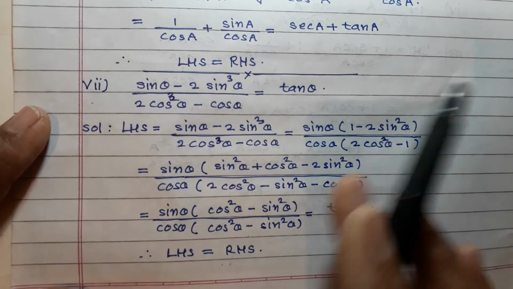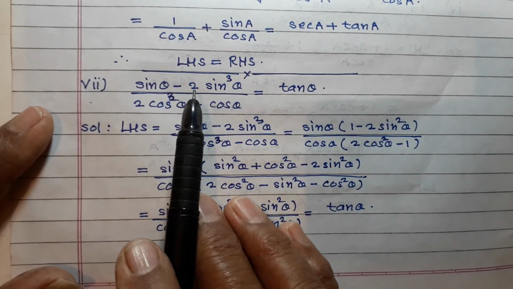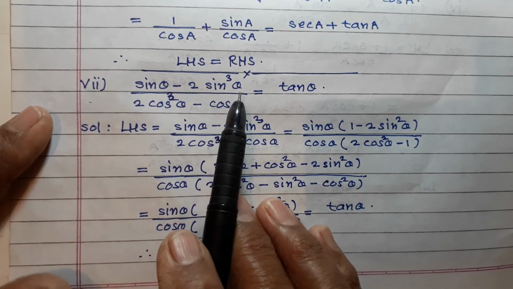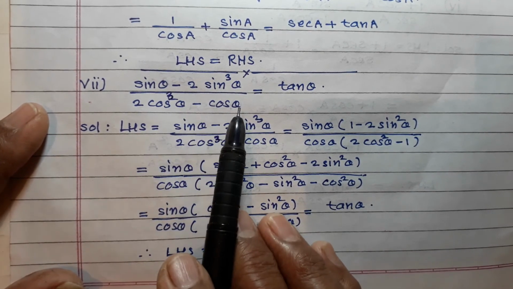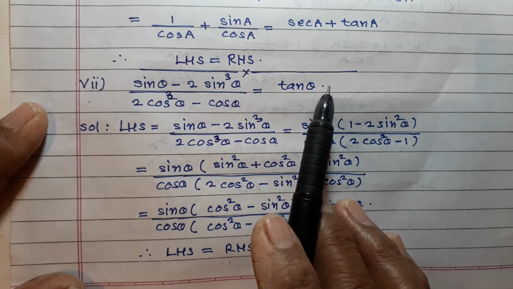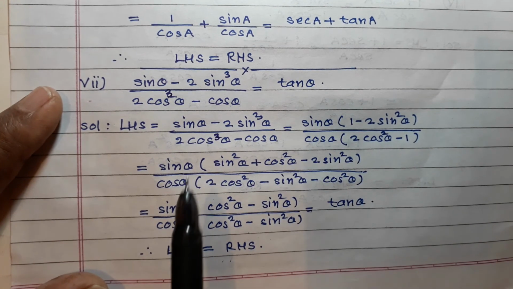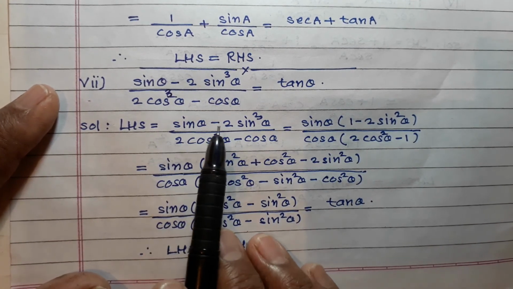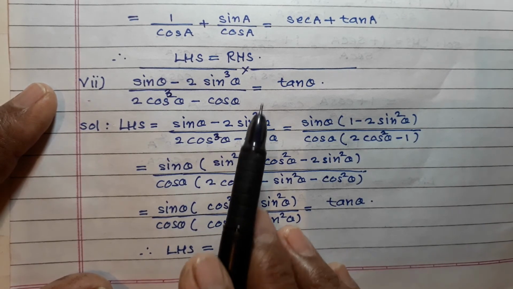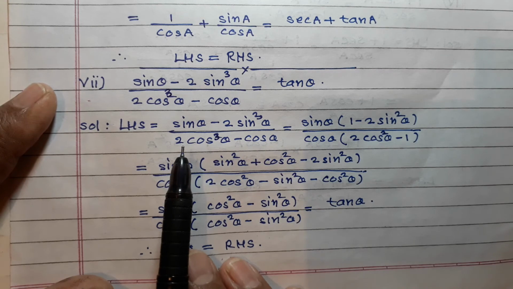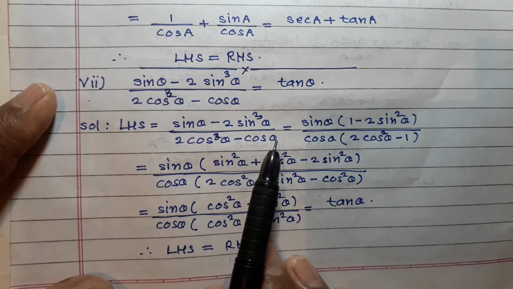Question number 7. Prove that (sin theta minus 2 sin cube theta) upon (2 cos cube theta minus cos theta) is equal to tan theta. Okay. Now the left hand side is equal to (sin theta minus 2 sin cube theta) upon (2 cos cube theta minus cos theta).